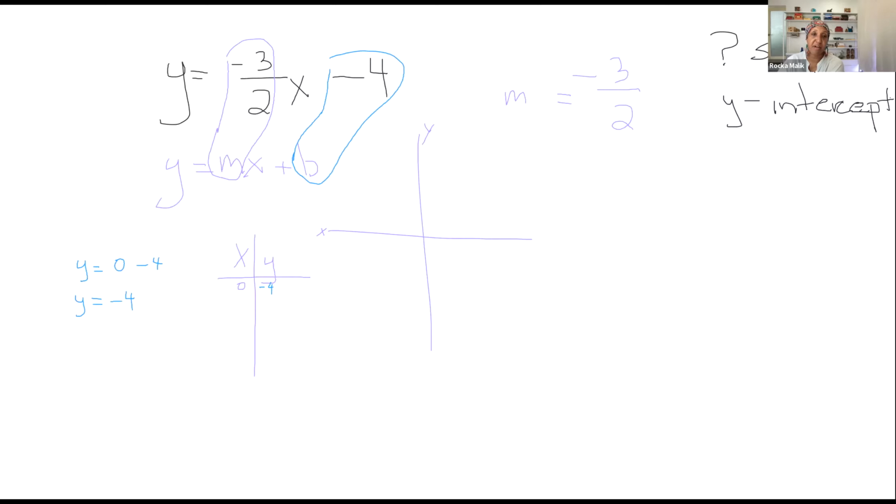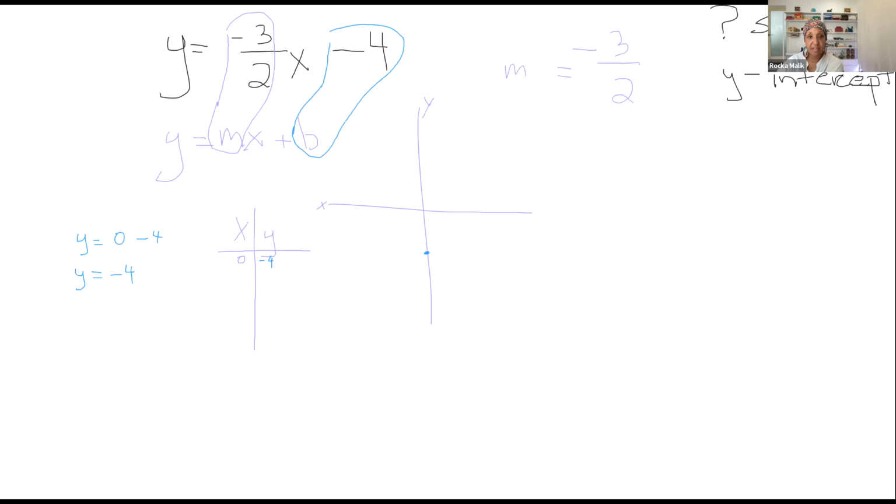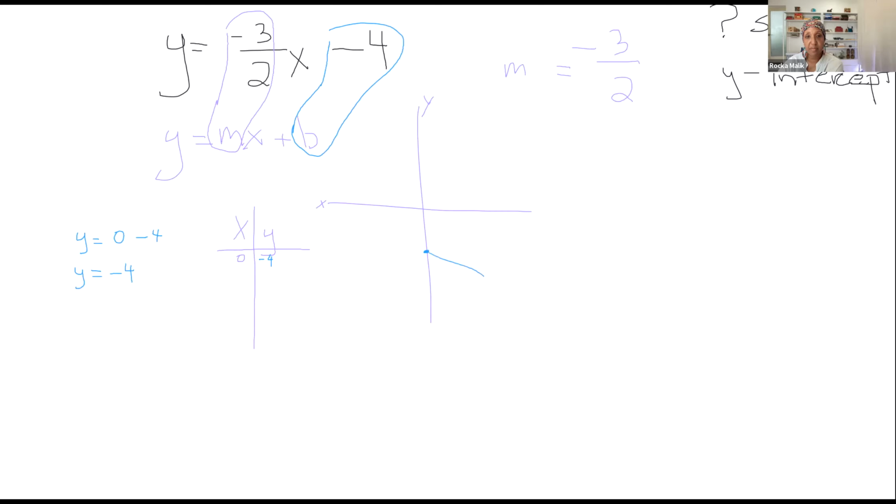When I put it on this graph, I don't go any place left or right, and I go down 4: 1, 2, 3, 4. That's my y-intercept. That's why we like this formula, because I can see what my slope is. I know it's going to be negative, and I know the line will cross this axis at this point.